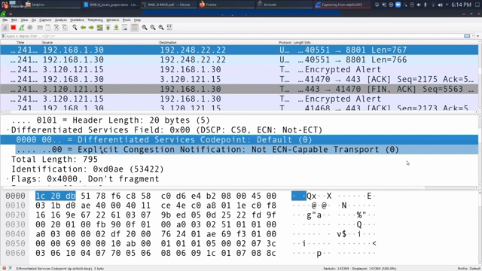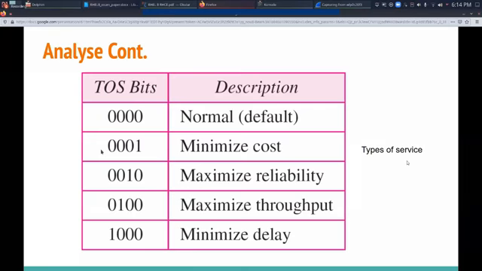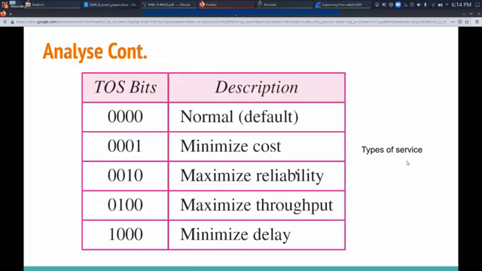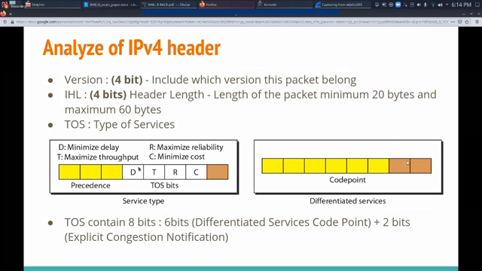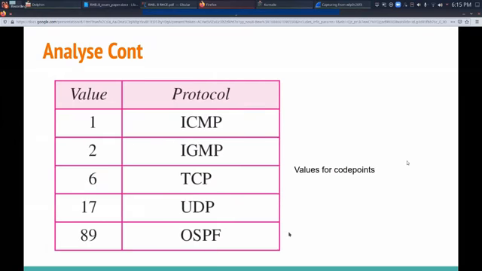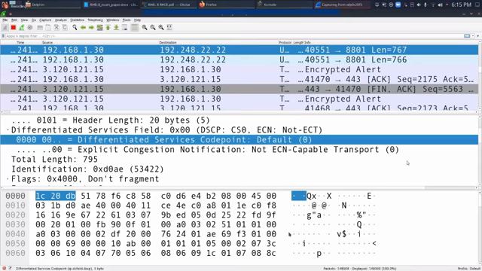So the type of service contains 8 bits. Summarizing, 6 bits define the differentiated services code points, that is DSCP, which gives different DSCP codes. The rest of the 2 bits are defined in the explicit congestion notification, that is ECN. Are you clear, guys? Yes, sir.